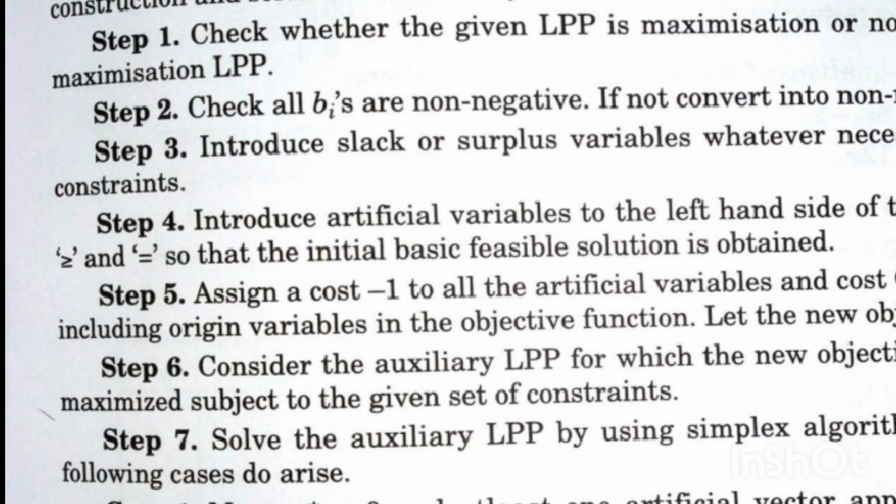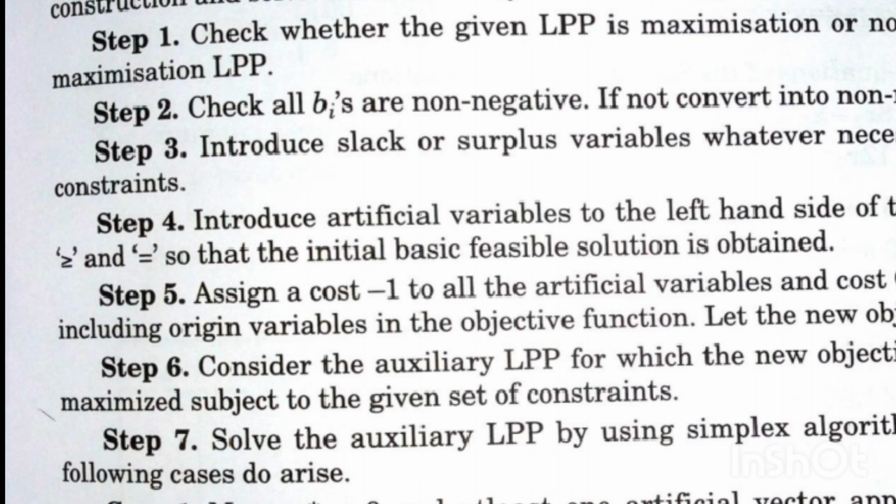Next, in phase 2, consider the artificial variable, if any exists; the cost of that variable in the objective function is 0. All remaining values should take the exact values of the original given LPP.